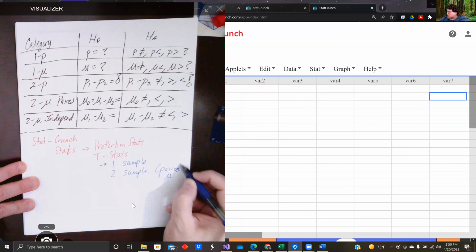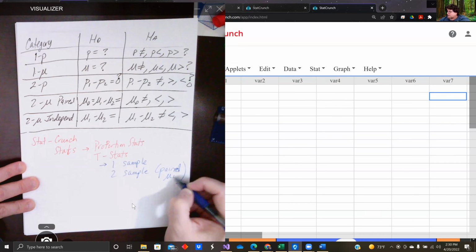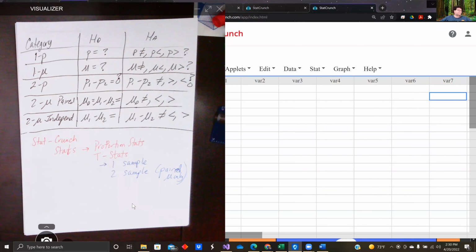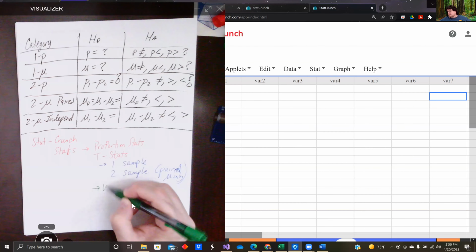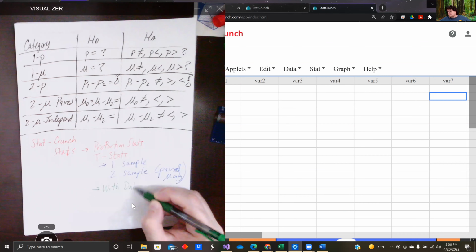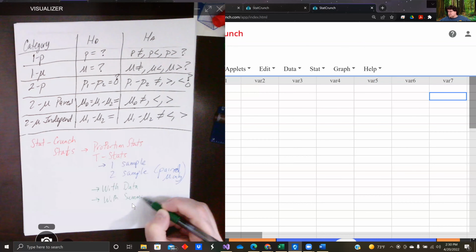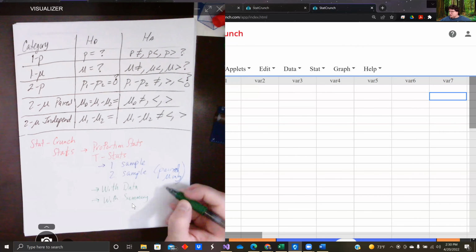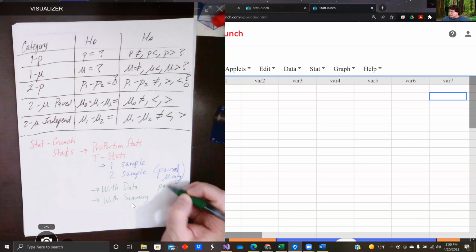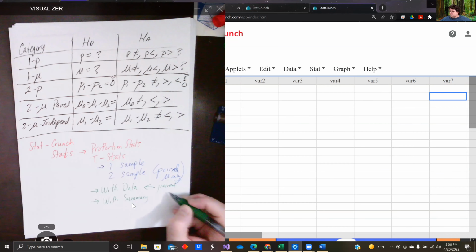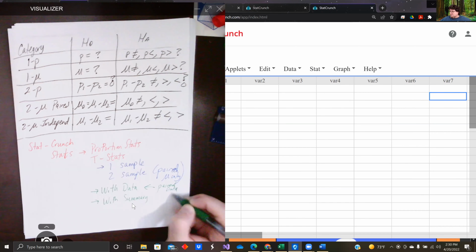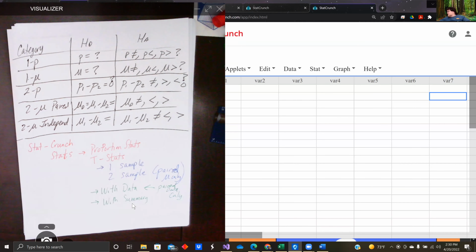They don't do paired for proportion. But paired is mean only. That's an extra option. And for many of them, you had with data or with summary. This applied to all of them. Mu, it did not. The paired one, specifically data only. Everything else was good to go.